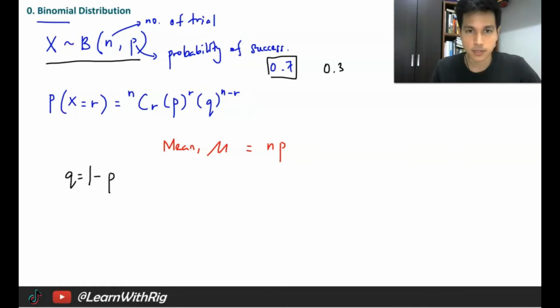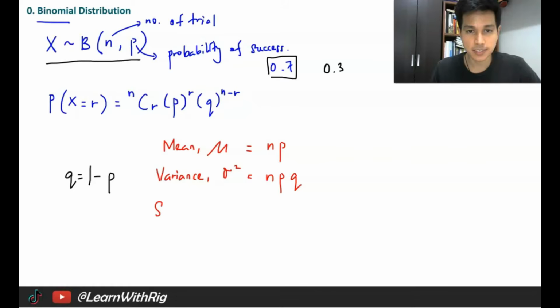Next, you want to find the variance. If they ask for variance, the formula is npq, n times p times q. Okay, so q, of course, I already taught you all how to find q. This is q, 1 minus p, right?